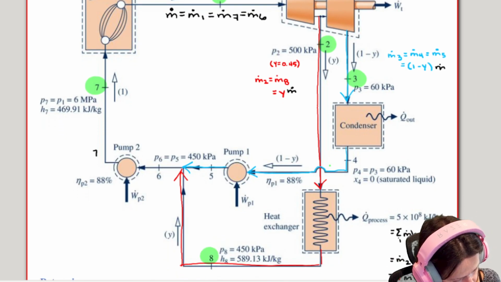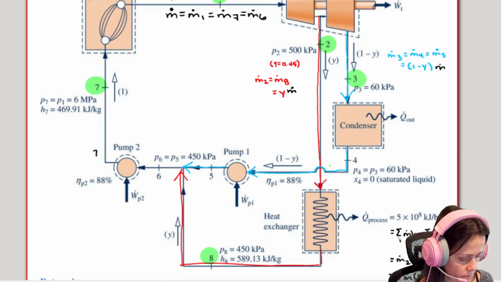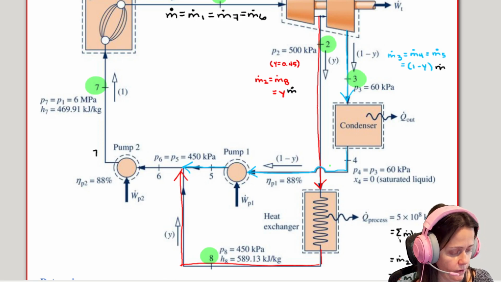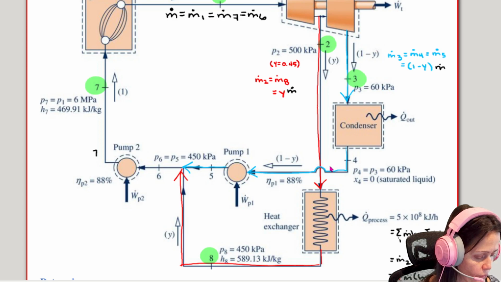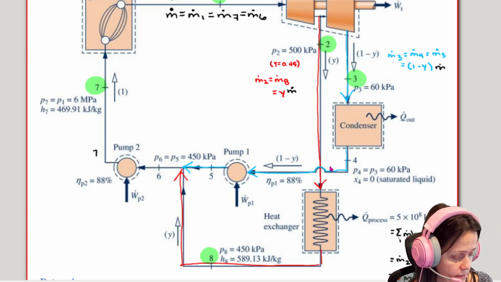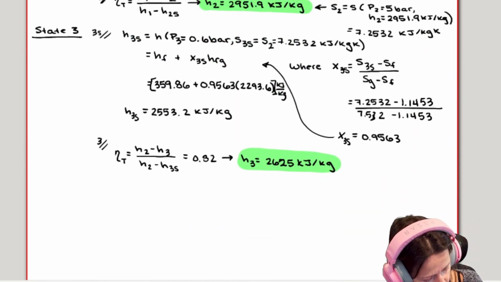State 8 is given to me, so that's really nice. Okay, so I need 4, 6, and 7. That shouldn't be so bad. It looks like 4 is a saturated liquid at 0.6 bar, so that should be easy enough to deal with.